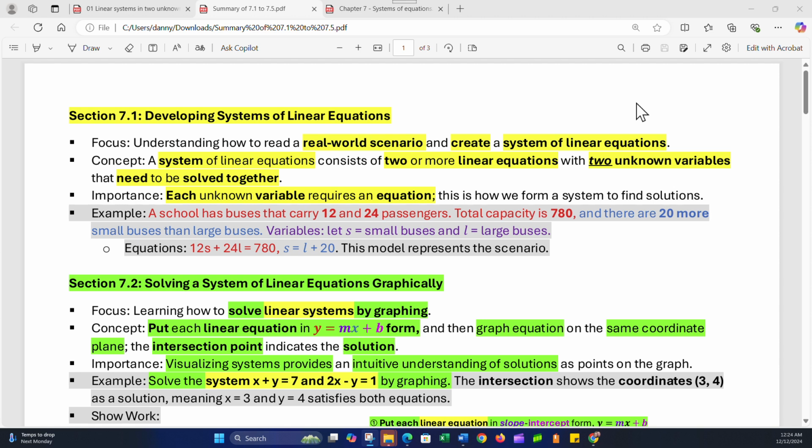But in section 7.1, it wasn't about solving. It was about reading some situation, analyzing it, and creating a model for it, creating a system of linear equations, i.e. creating a couple of equations. So 7.1 was just about creating the equations from some real-world scenario. And then you were just given values for the variables already solved for you.